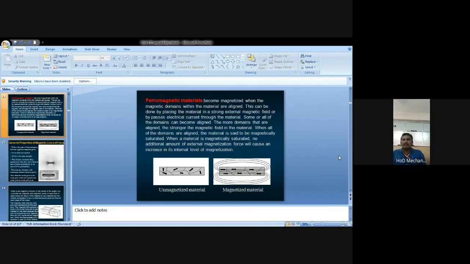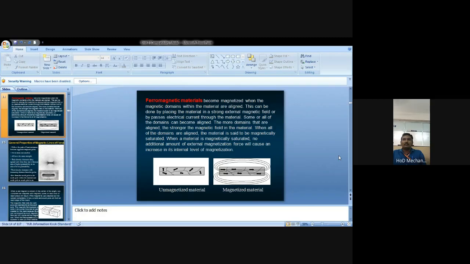In the next slide we briefly discuss the ferromagnetic material. The ferromagnetic material becomes magnetized when the magnetic domains within the material are aligned. This can be done by placing the material in a strong external magnetic field or by passing electrical current through the metal.